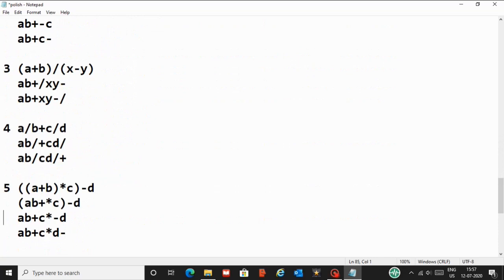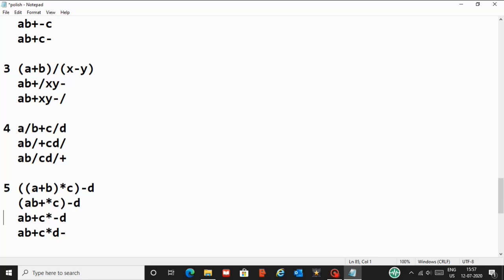Associativity is nothing but, when you have operators of the same precedence, which one to execute first. If both of them have the same precedence, then associativity comes into the picture.